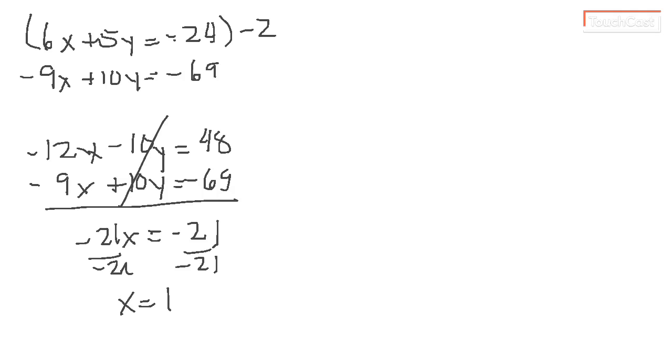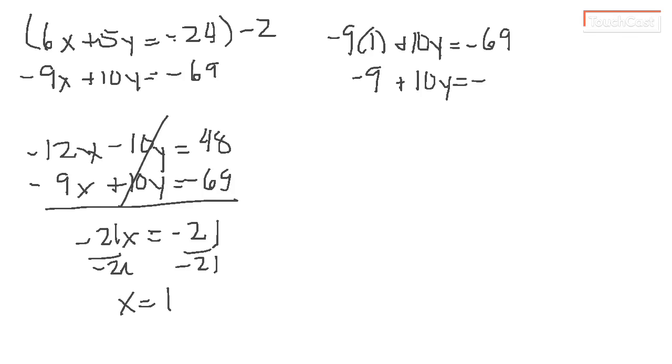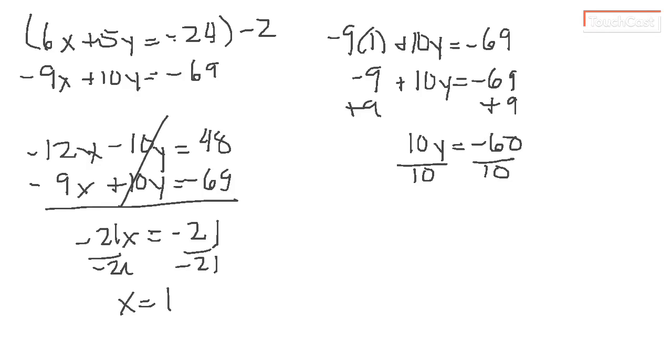I'm going to go negative 9 times 1 plus 10y equals negative 69. Negative 1 times 9 is negative 9 plus 10y equals negative 69. So if I add 9 to both sides, we're going to get 10y equals negative 60. So we divide by 10 and figure out that y is equal to negative 6.